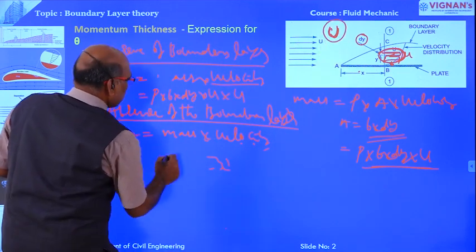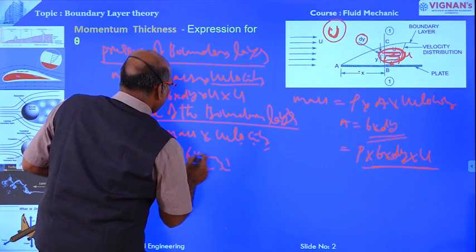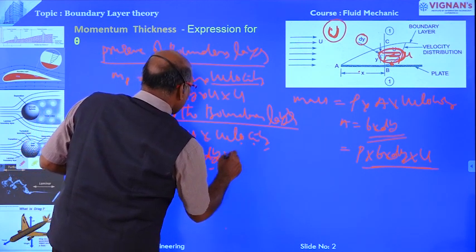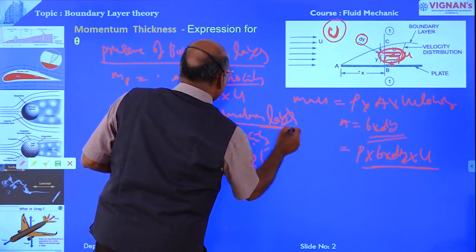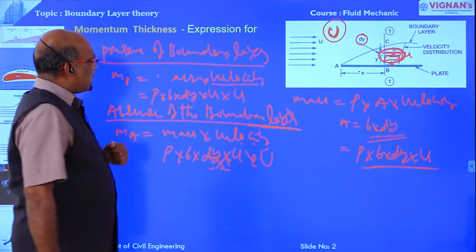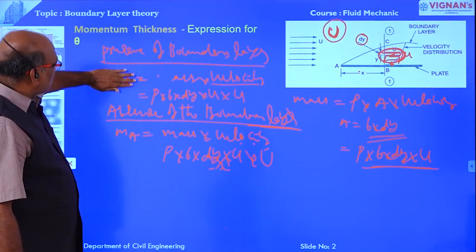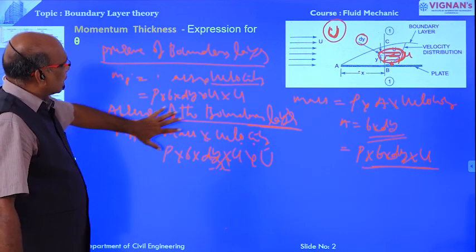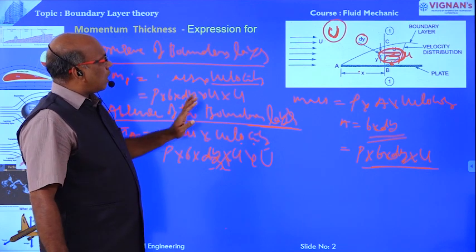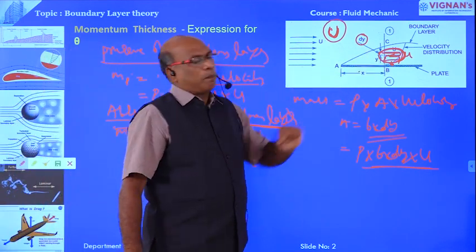So the momentum equals rho b dy small u into capital U, where capital U is the velocity in the absence of the boundary layer. These are the momentums of the flowing fluid over the strip, with and without the boundary layer.